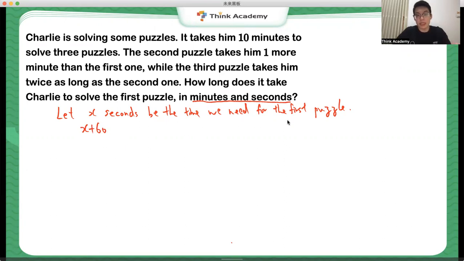And that's the time needed for the second puzzle. And the third puzzle takes him twice as long, which means that we are multiplying x adding 60 by 2, which means that's going to be 2x adding 120 for the third one.